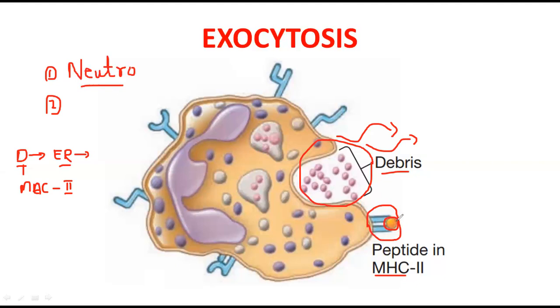Then the immune cells of the adaptive immunity, mostly the T cells, come here and bind to this debris and further recognize which type of antigen it is. When the antigen is released to the environment, T cells can hardly recognize it and bind to it.